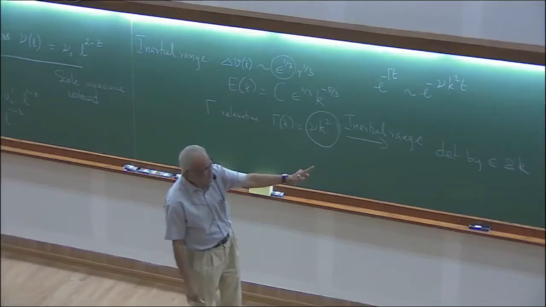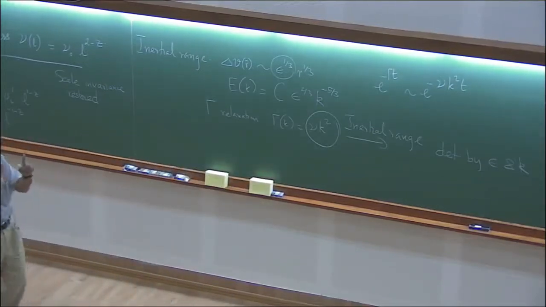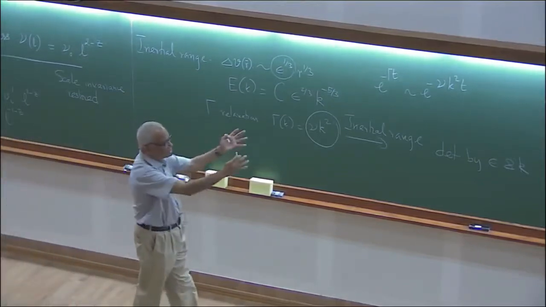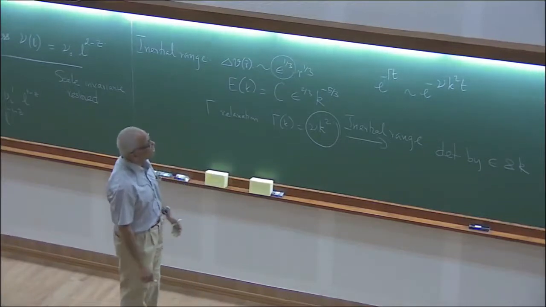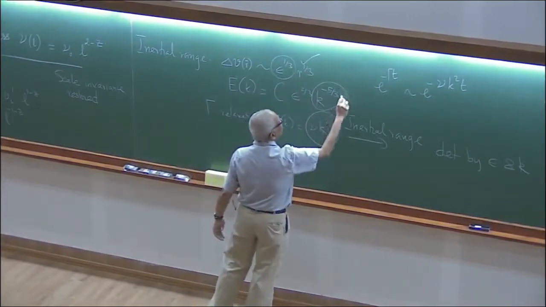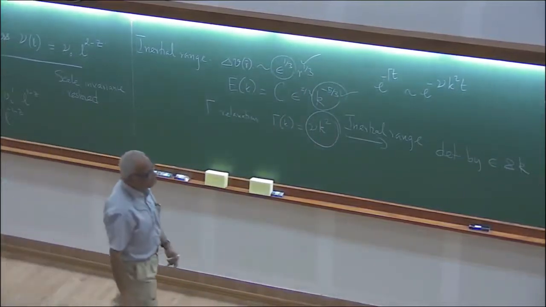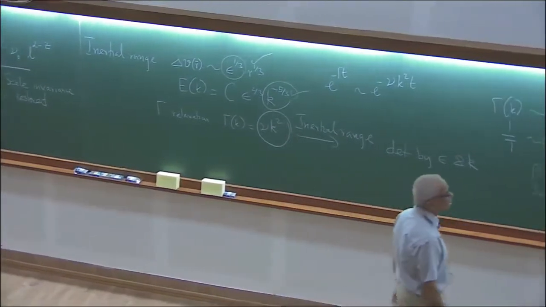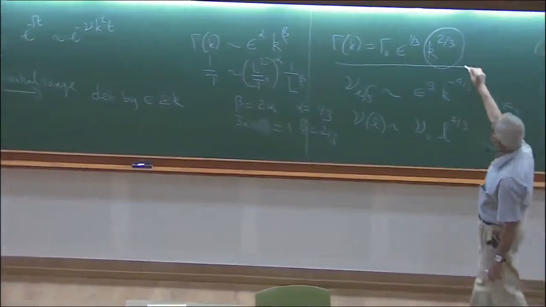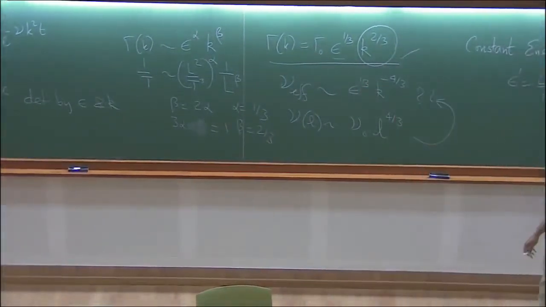But the scale invariance of the Navier-Stokes equation plus the fact that there is a scale independent flux going through the wave numbers gives you this part correctly, but not this. This has to come from the dimensional analysis.